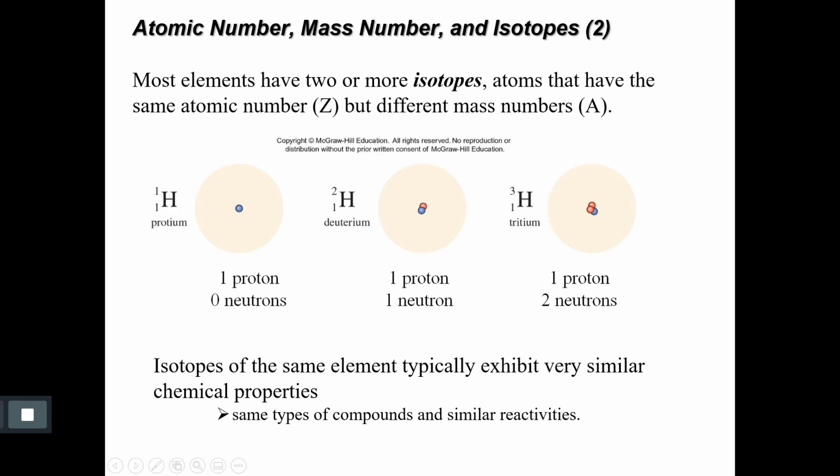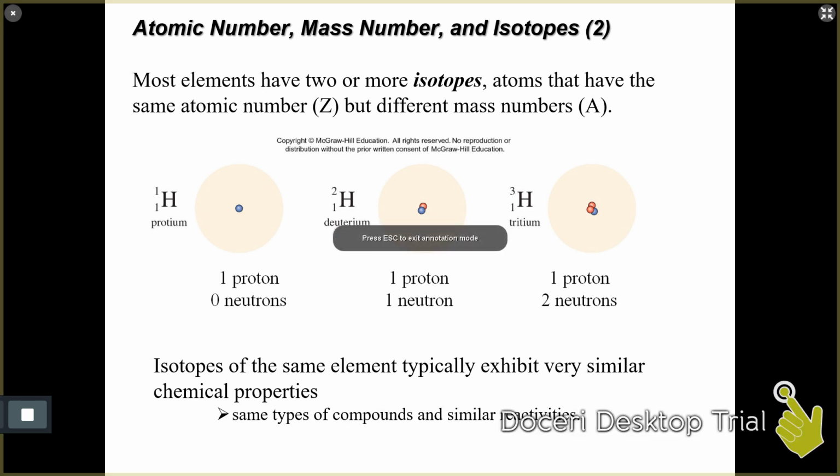Okay, I go to the next section, and then you see here I have the examples of hydrogen, which is the very first element in the periodic table. Proton 1, 1, 1. What are these? This is the same hydrogen I have listed here, but you can see I have listed 3 different hydrogen atoms.